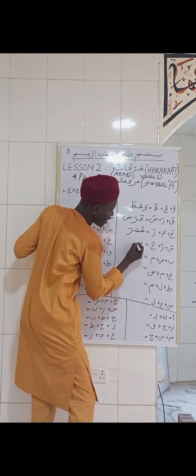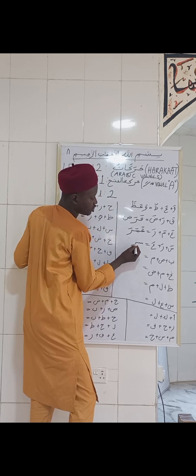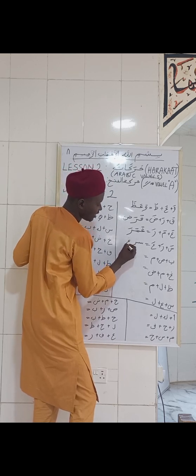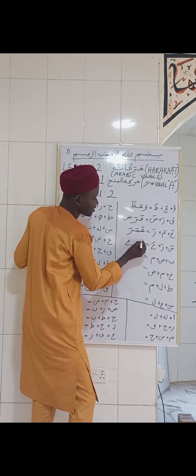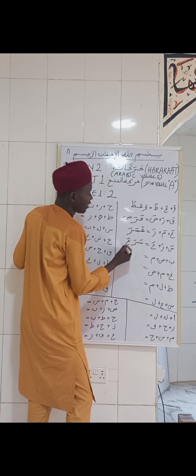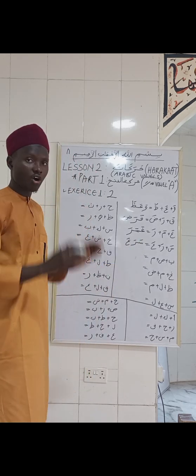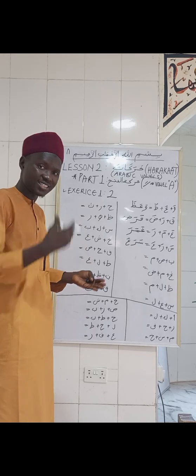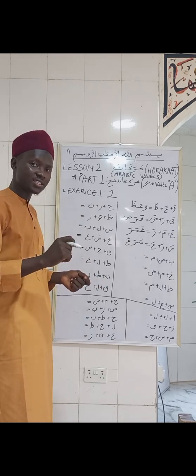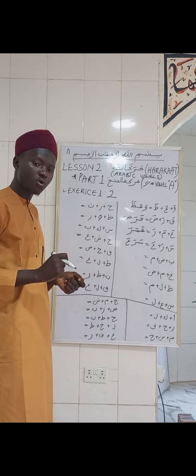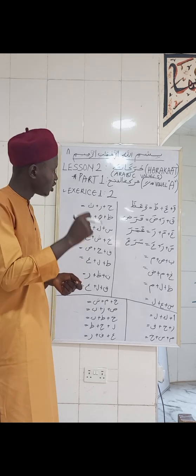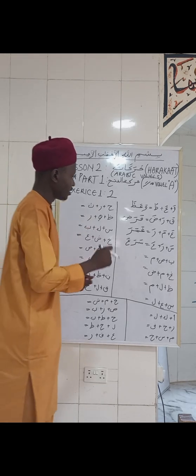Ra cannot be joined with any letter, hence ayin retains its original shape. Sa, ra, a. Please ensure you are copying this out. Don't just look at it from the book. You get your book and a pen and ensure you are also writing as I'm doing.